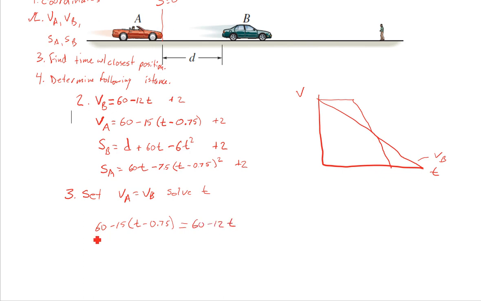So it's pretty clear our 60s will cancel out. We'll have negative 15t on this side plus 15 times 0.75, which is 11.25. It's negative 12t. So I'll pull this to the other side, so I get t equals 11.25 over 3. T, when the velocities are equal, is 3.75 seconds.